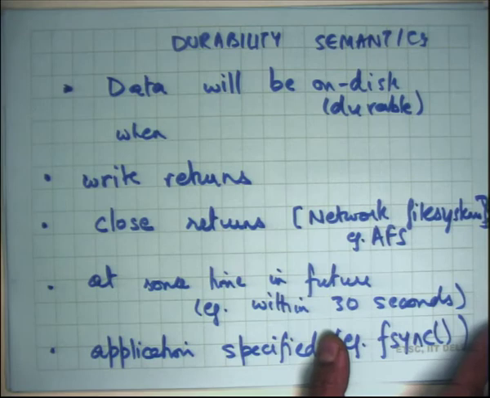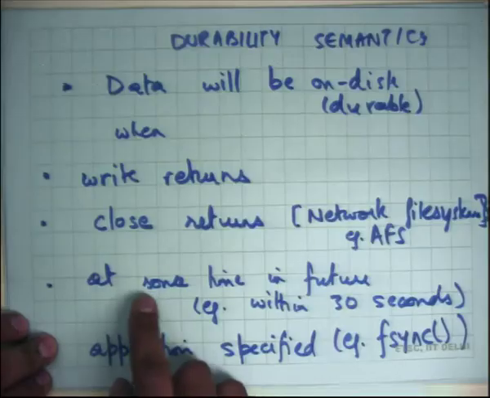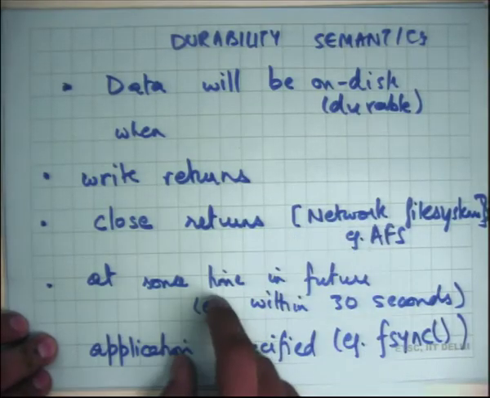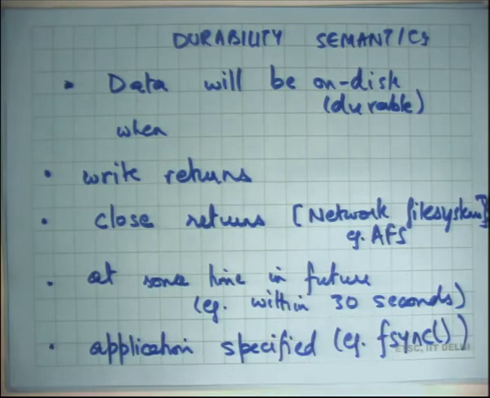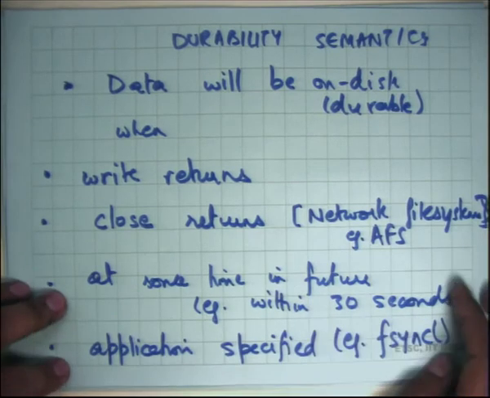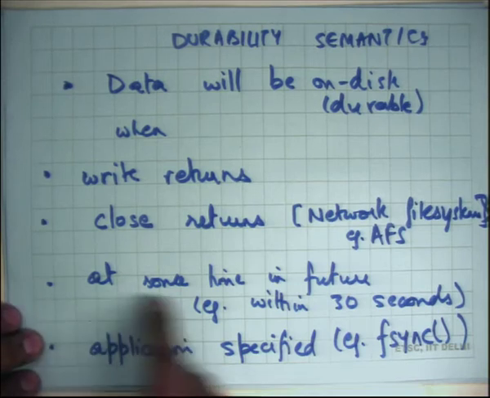These are all options with which the file system can work, and something like Linux uses this, at some time in future with fsync, because that has the maximum performance. But when you're doing something like this, you have to be very careful, because if there's a crash, you should ensure that it doesn't corrupt the file system state itself. So basically you're playing fast and dirty here.